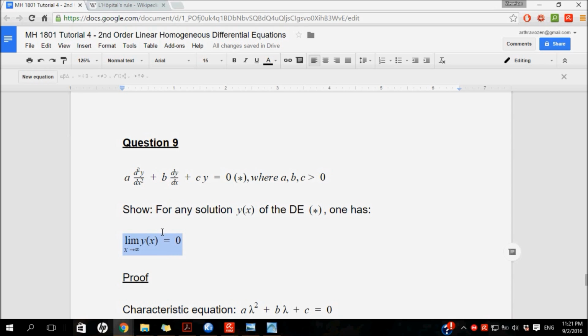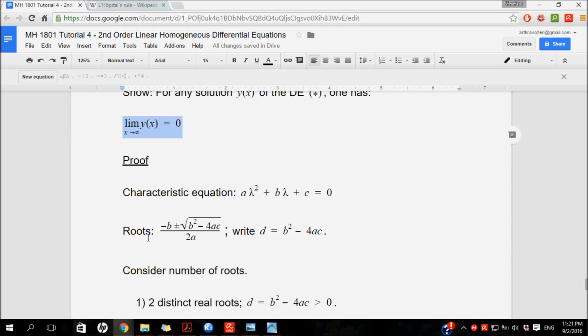To prove this, we make use of the key theorem once again. We compute the characteristic equation, and using the famous formula, given the coefficients, these are the roots of our characteristic equation.